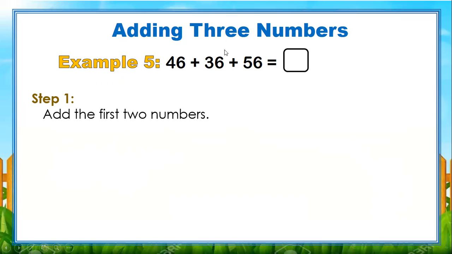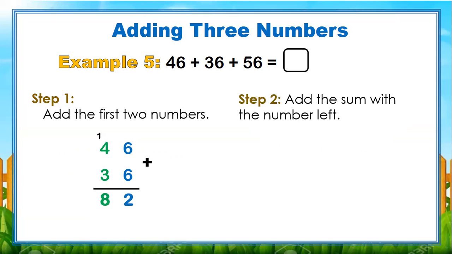So the first 2 numbers are 46 and 36. So let us add the first 2 numbers. So 6 plus 6 will give us 12. And then let us regroup. So let us move 10 to the tens column. So 1 plus 4 plus 3 is equal to 8.